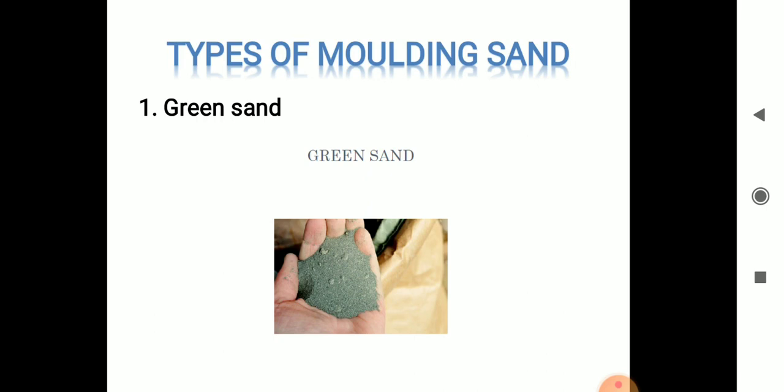As explained earlier, green sand molds are not dried and metal is poured into them in wet condition. Being damp, the sand can be easily worked by hand to give it any desired shape. This sand is used for producing small and medium sized molds which are not very complex. This is the green sand.